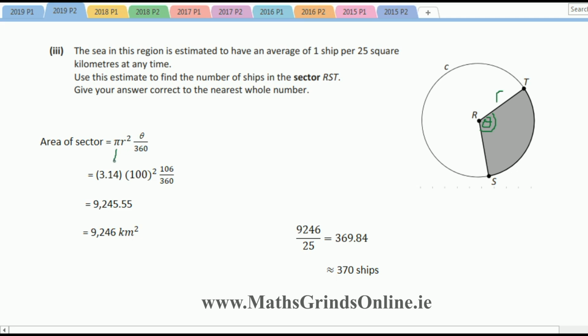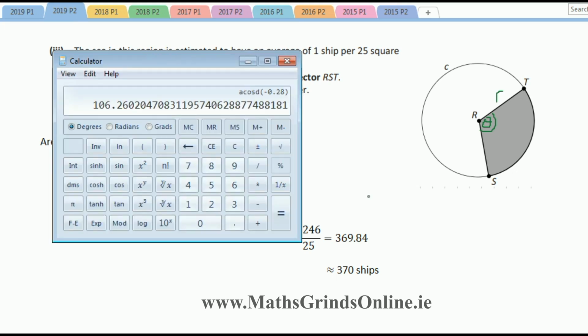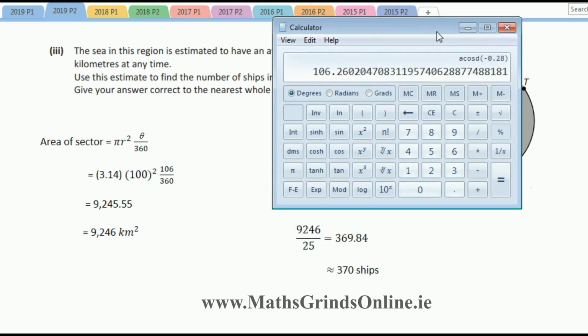So pi, r is 100, r squared, and then theta is 106. So I'm just going to do that out there. We'll start off with the squared part, 100 times 100. Multiply that by 3.14. Multiply that by 106. And then divide it by 360.